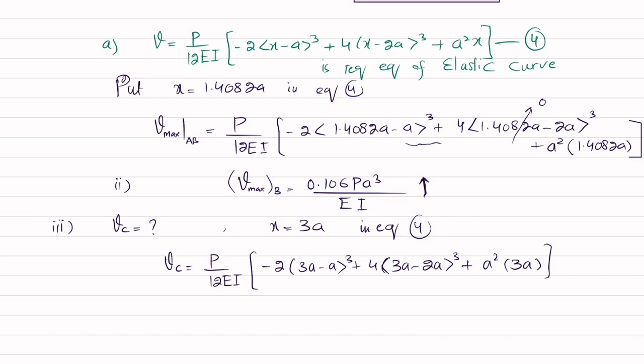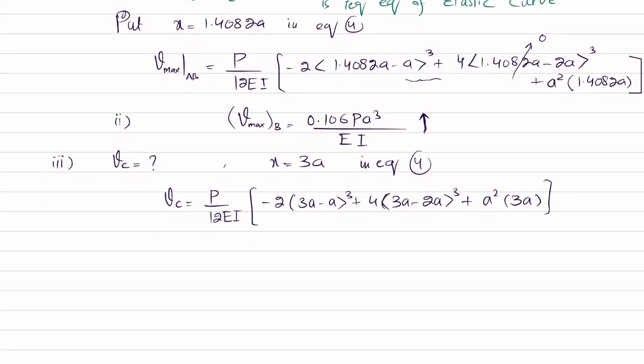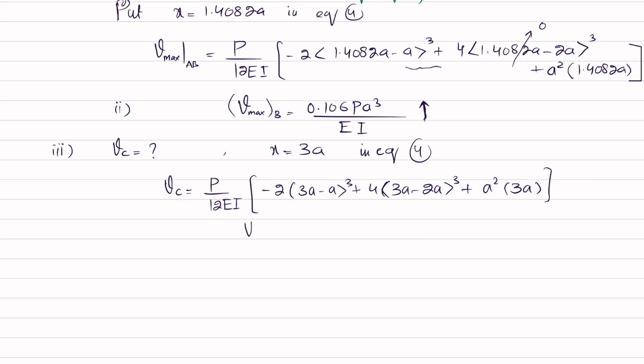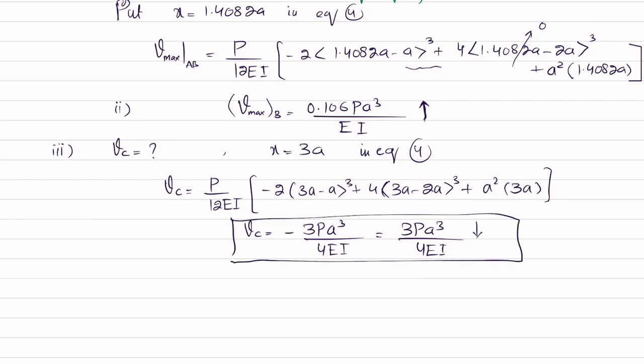Okay, so when you solve this, you will get the deflection at point C comes out to be minus 3 P a cubed over 4 E I. This value is negative, so the deflection is downward, and that is the answer of our part 3, the deflection at point C.